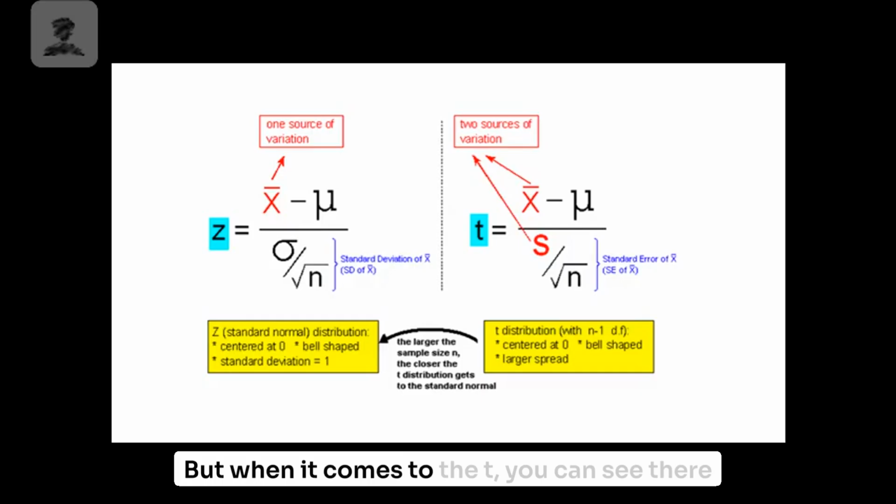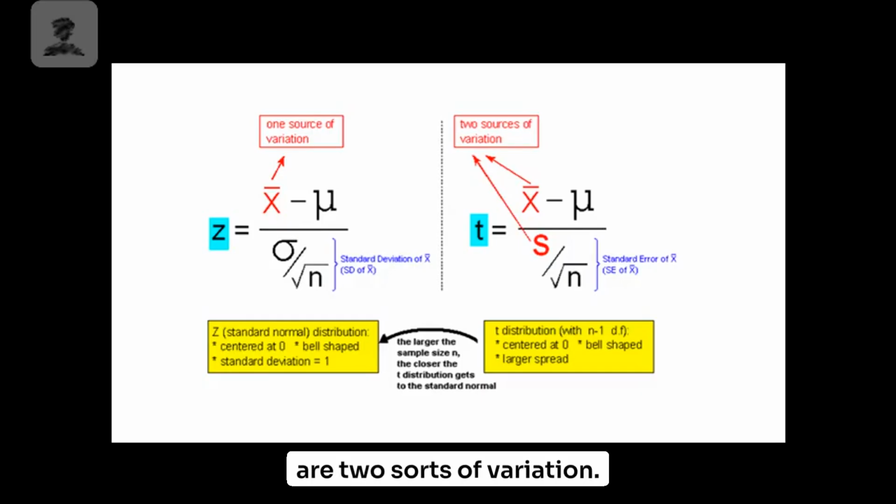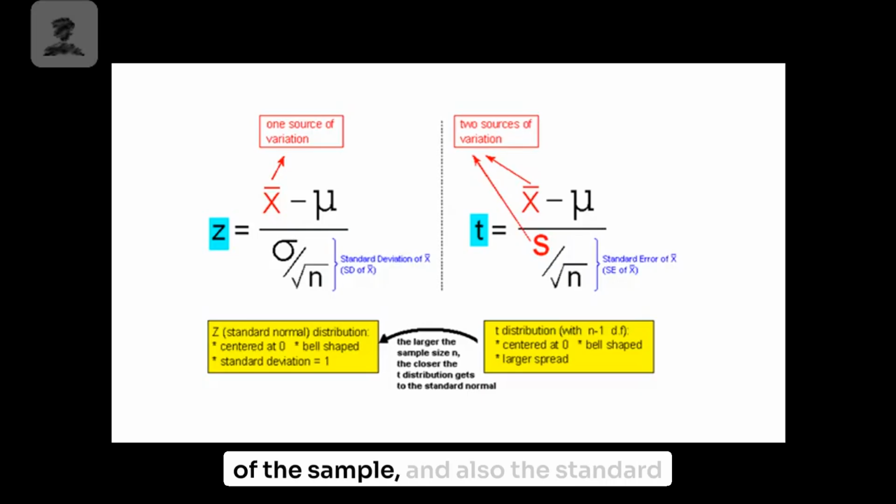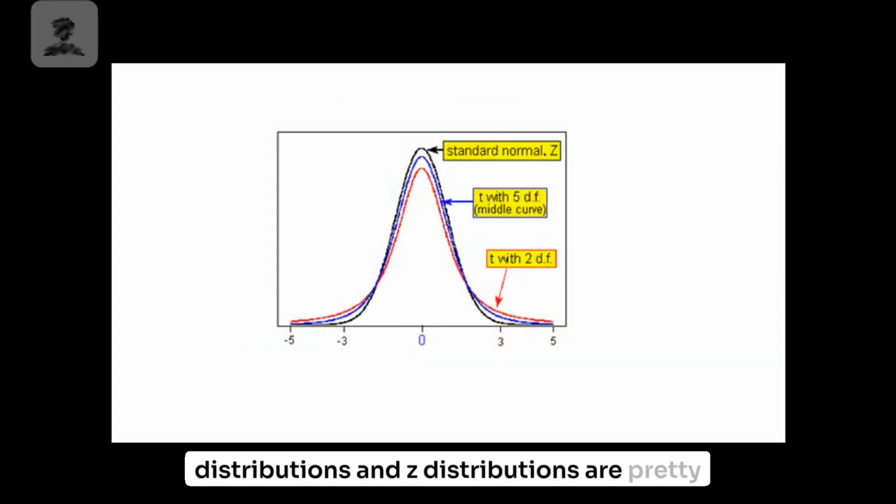But when it comes to the t, you can see there are two sources of variation. The t value can change depending on the value of the sample, and also the standard deviation of the sample, which is not constant as sigma is. But the interesting thing is that the t distributions and Z distributions are pretty much similar.